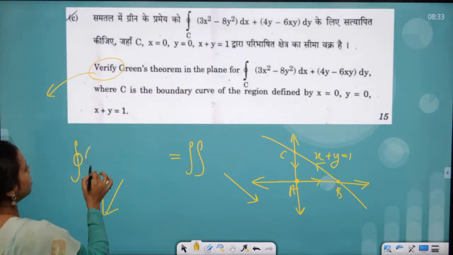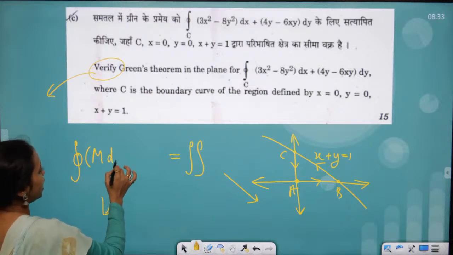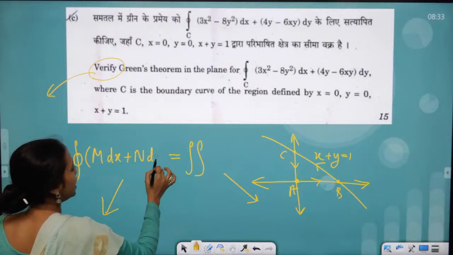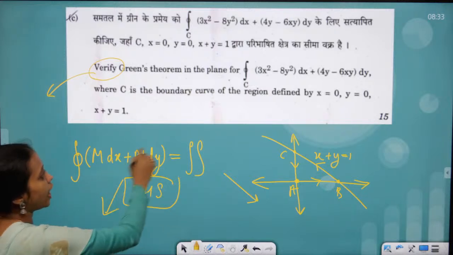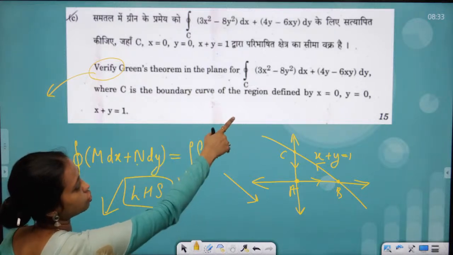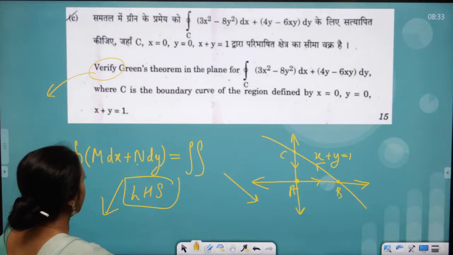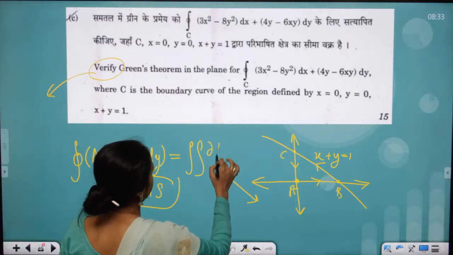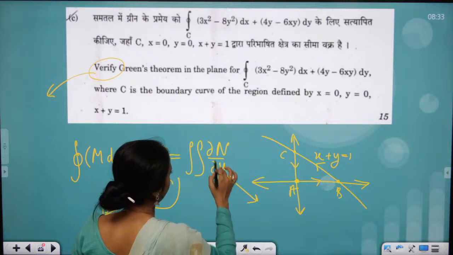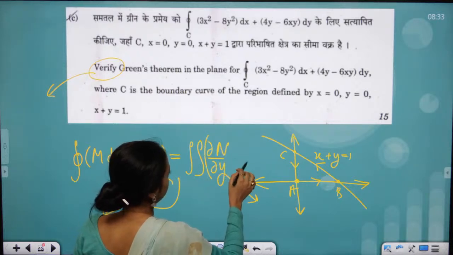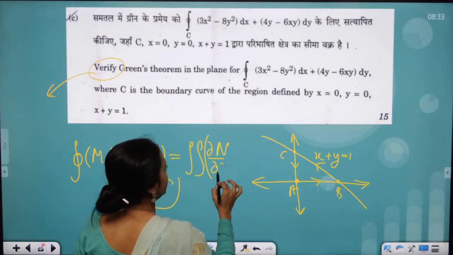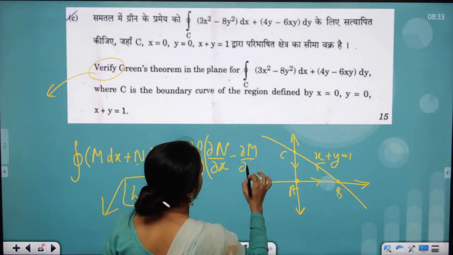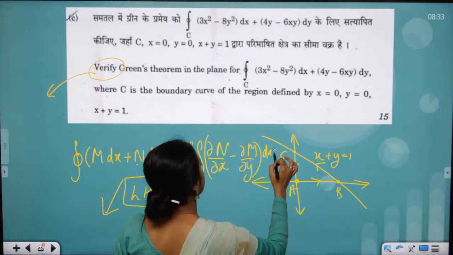So what does the theorem say? It is M dx plus N dy. The left hand side is already given in the question. So M you know, N also you know, right? And it is del N by del x minus del M by del y, dx dy.